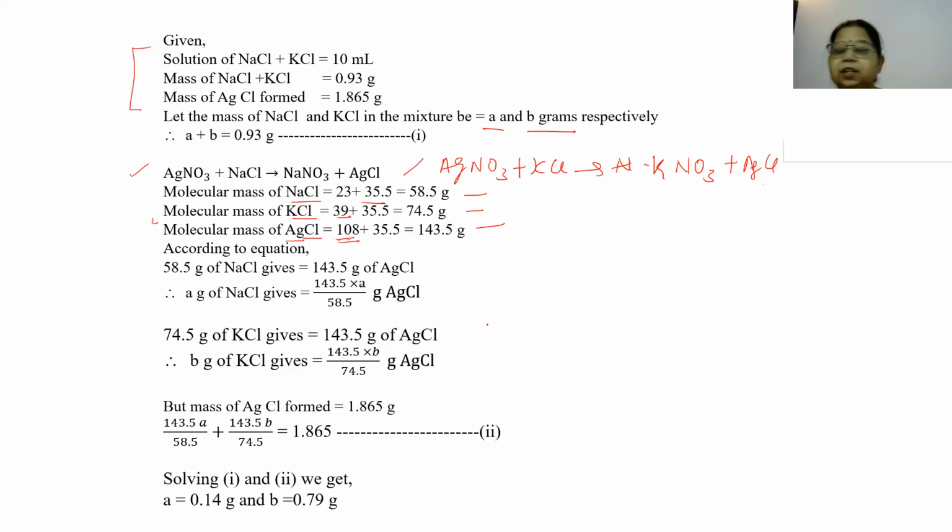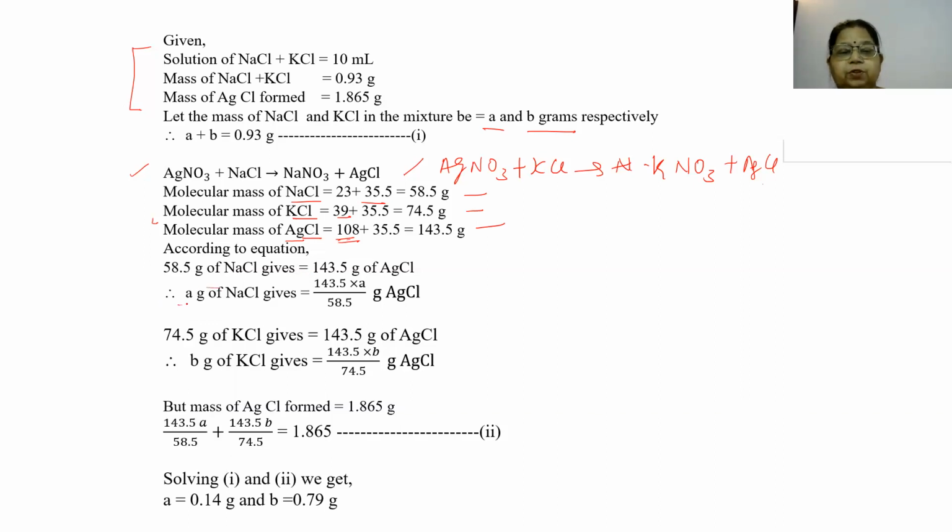We have already learned in previous classes how we equate the molecular mass and mole number with the equation. Is it clear to all of you, Ritika, Shweta and Ananya? Yes, ma'am. Okay. From this point, it has to be pretty easy that 58.5 grams of sodium chloride gives 143.5.